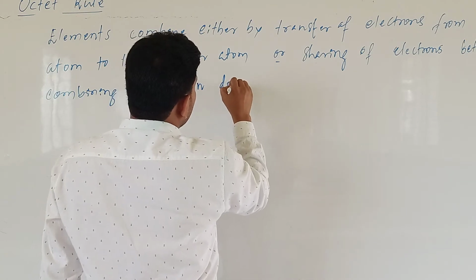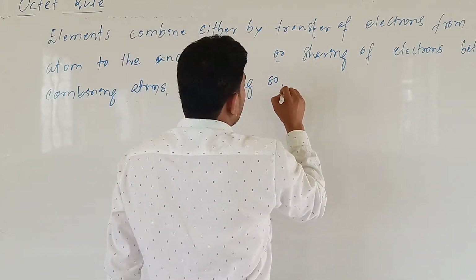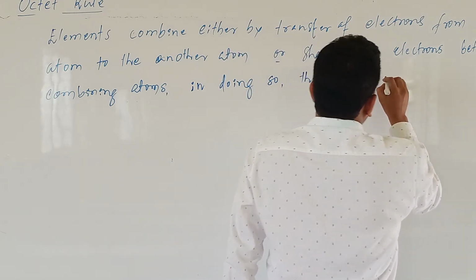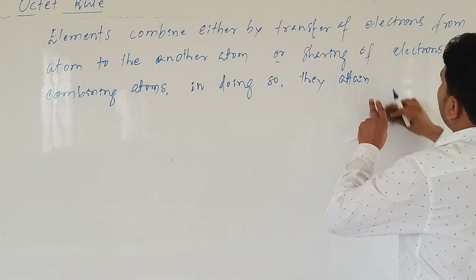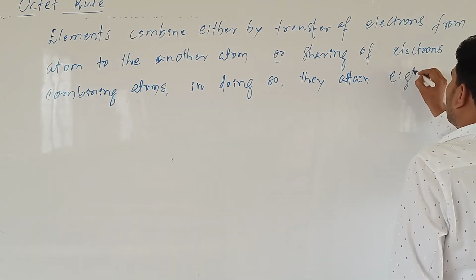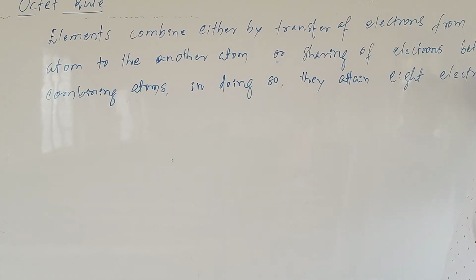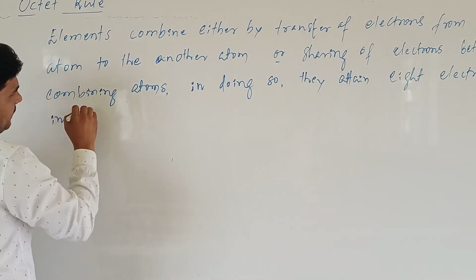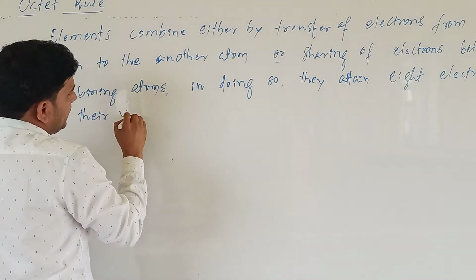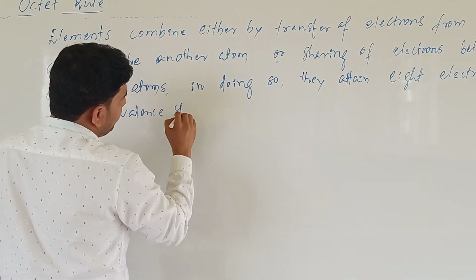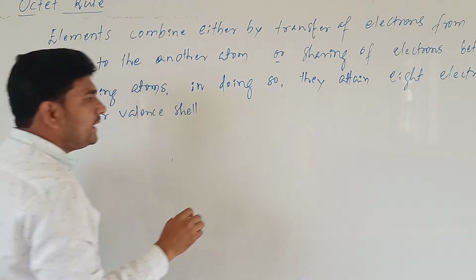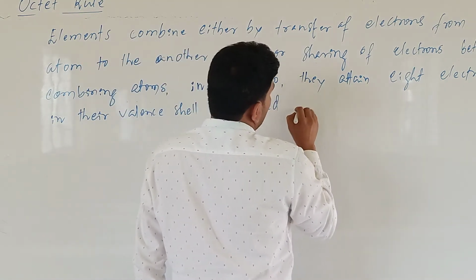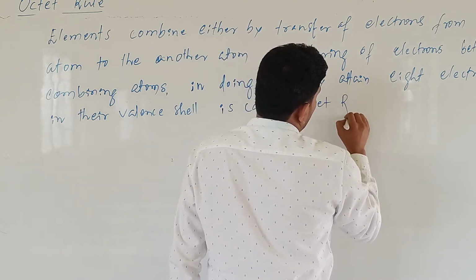In doing so, they attain an octet, or 8 electrons, in their valence shell. This is called the octet rule.